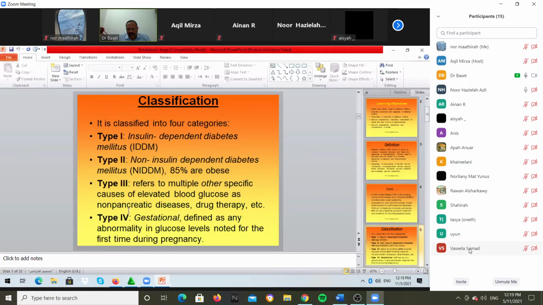That's to say, when we speak about the main factors contributing to hyperglycemia, we speak about diminished insulin production and diminished glucose utilization by the tissue. Here we speak about something not related to the pancreas, for example drug therapy, drugs that may lead to diabetes and hyperglycemia. This can be considered as type 3.